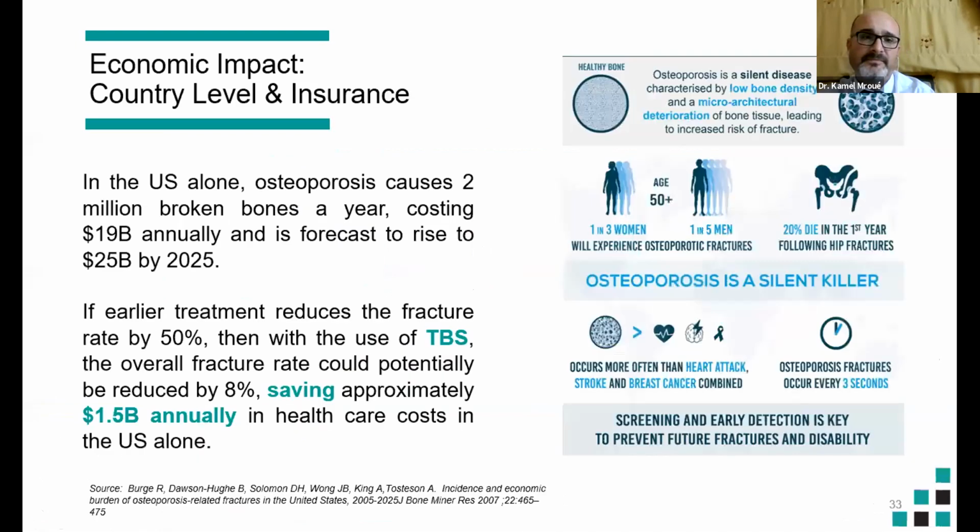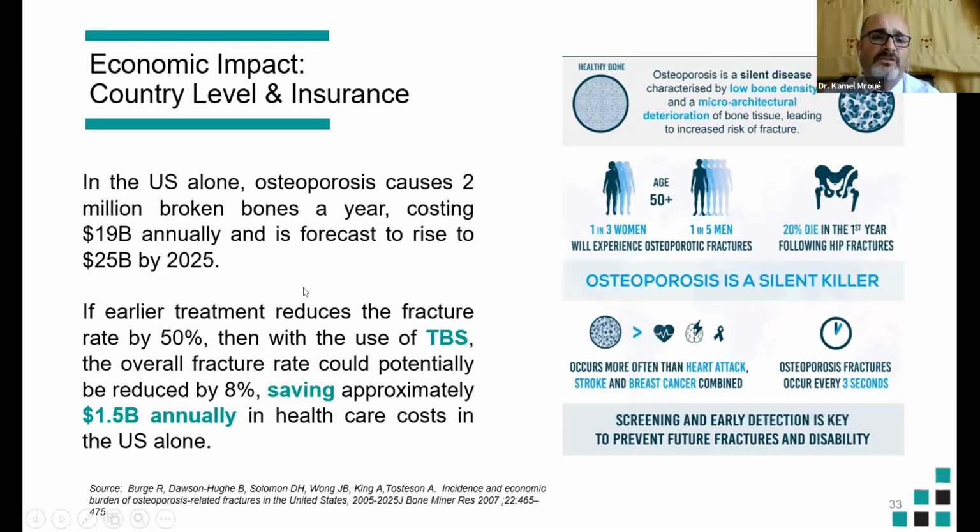Is it economically feasible? In our countries, I doubt we have data; at least in Lebanon, we don't have exact data on this issue. But in the US, you well know that osteoporosis causes 2 million broken bones a year, costing 19 billion annually, and it's forecasted to rise by 2025.